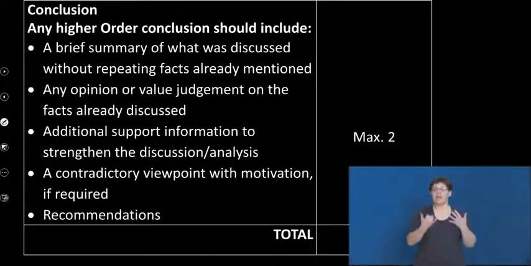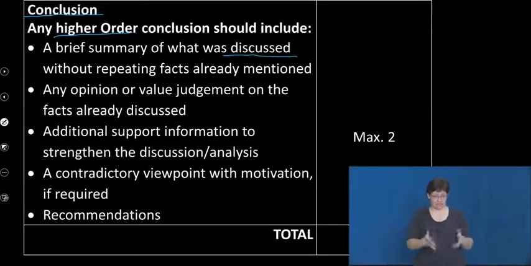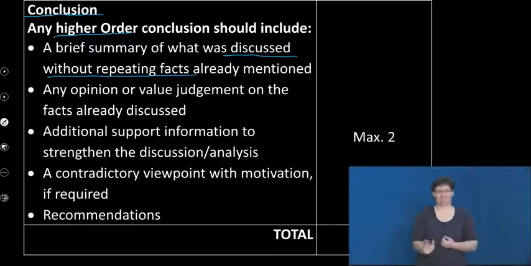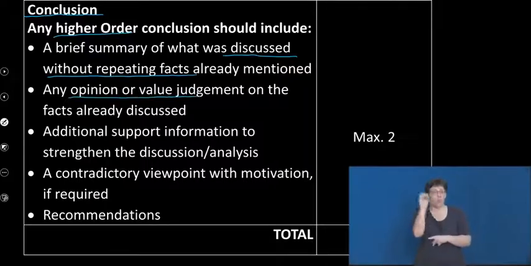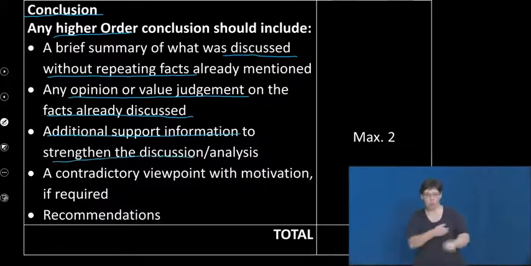Now we move on to the conclusion part of the essay. This is a higher order conclusion that should include a brief summary of what you've already discussed in the essay without necessarily repeating facts already mentioned. Here we need an opinion or a value judgment on the facts that you've already discussed. A good point, boys and girls, would be additional support information to strengthen the discussion or the analysis that you have made in the essay.